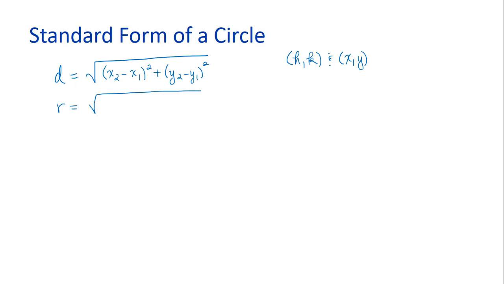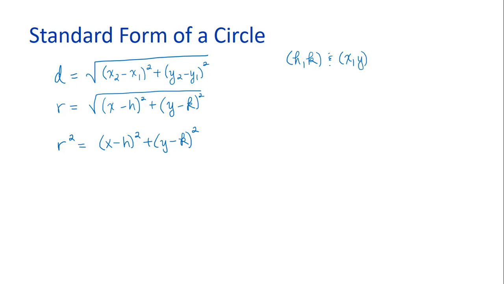The difference between the two x coordinates, in this case, would be x minus h, we square that, plus the difference between the y coordinates, which is y minus k squared. If we want to remove the radical, we can square each side, and that gives us this equation: r squared is equal to x minus h squared plus y minus k squared.